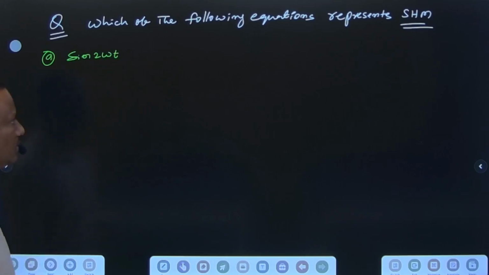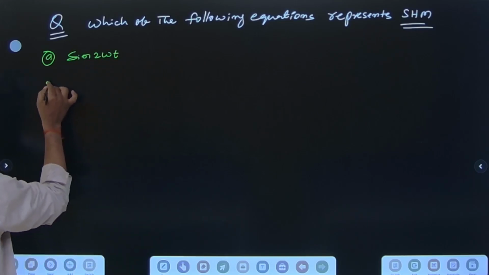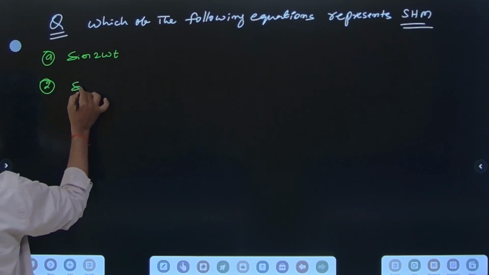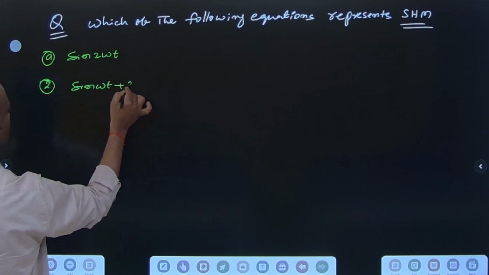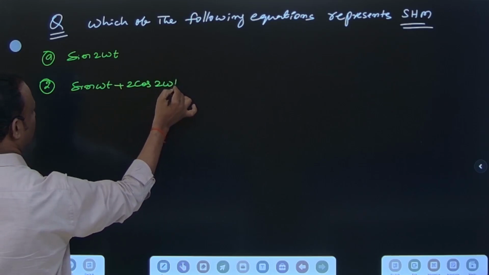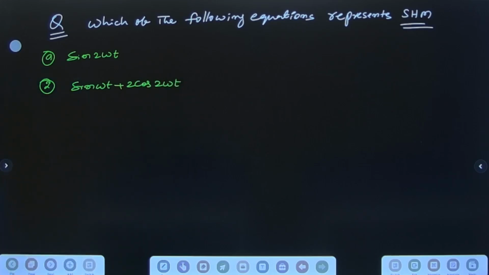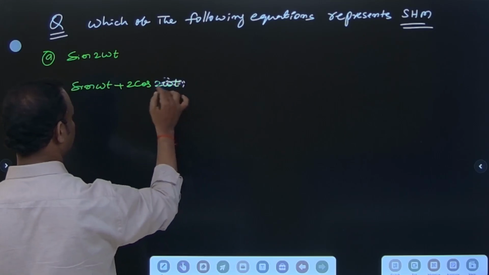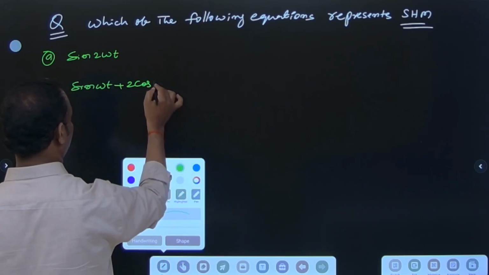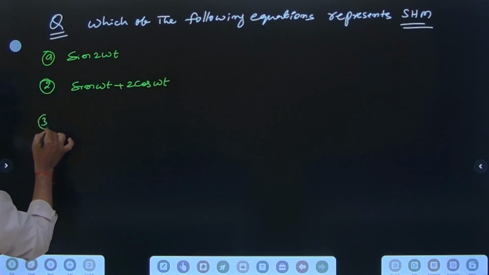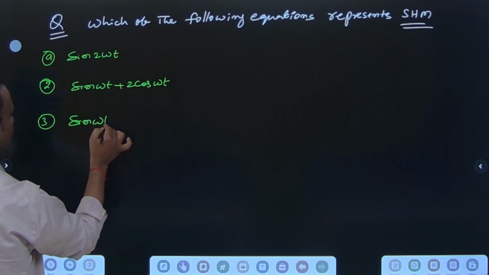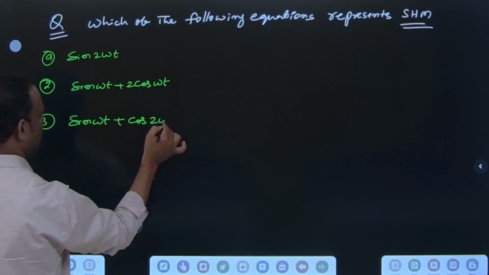The second one is sin omega t plus 2 cos 2 omega t. The third one is sin omega t plus cos 2 omega t.